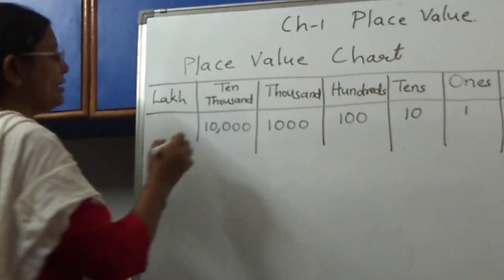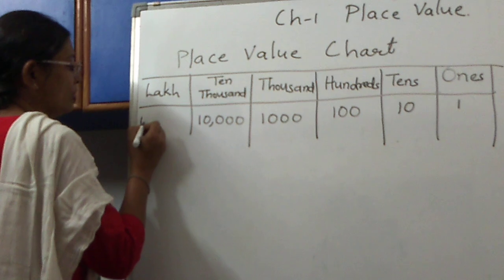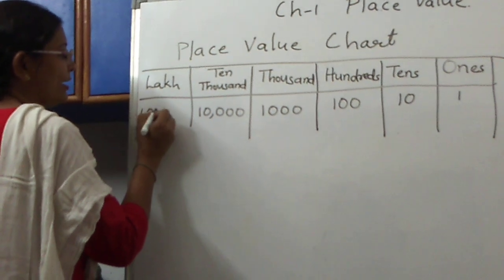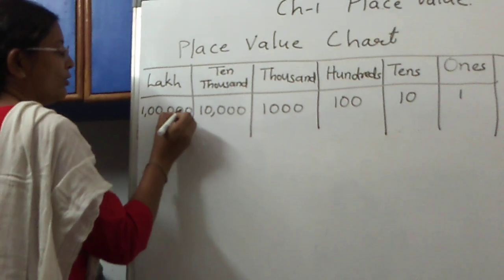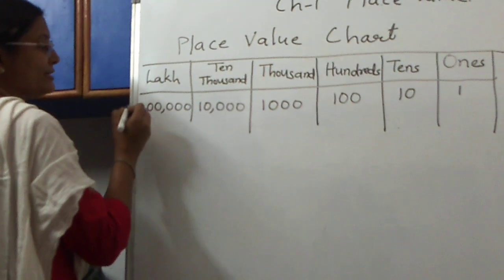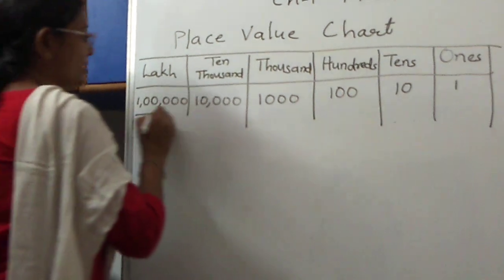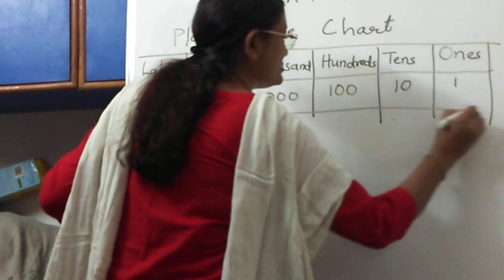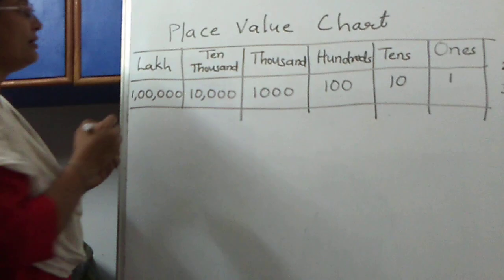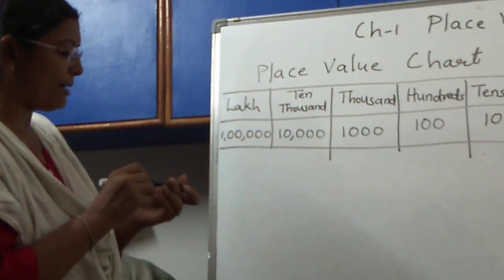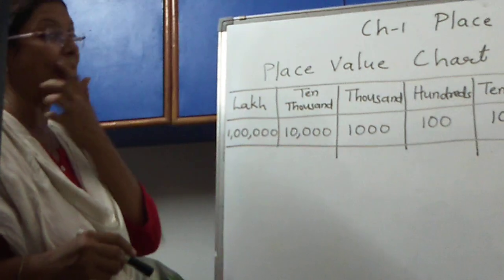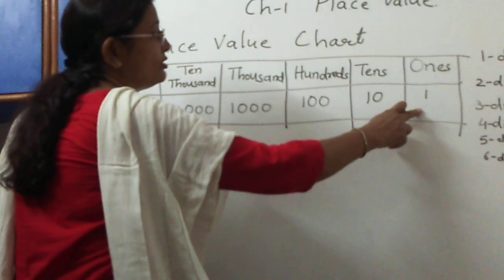We will start from here. And one more, that is 1 lakh, a 6 digit number. This is called the place value chart. You have to remember the place and also the value of the number.